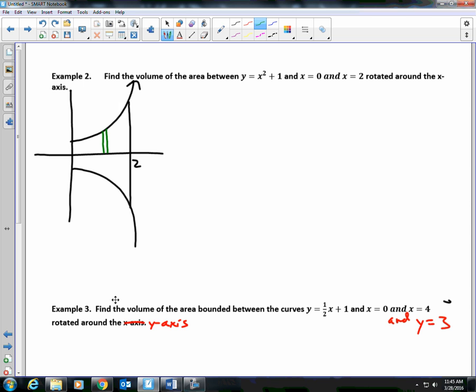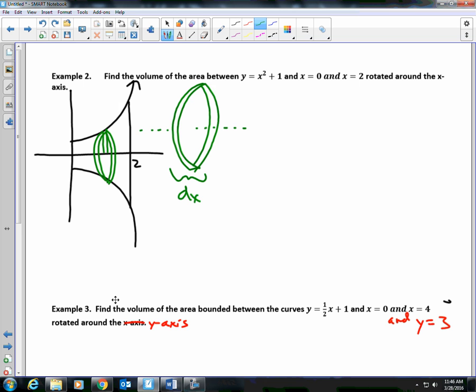Does my rectangle have thickness of dx or dy? Dx. So I'm going to rotate that rectangle all the way around. See, when I spin it around, that's the shape I'm going to get. So if we take this disc, you guys said you have thickness of dx.